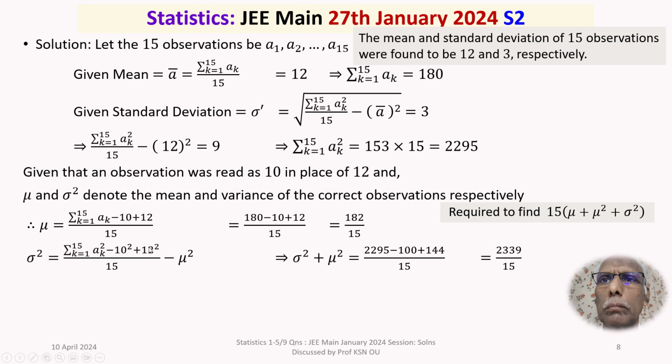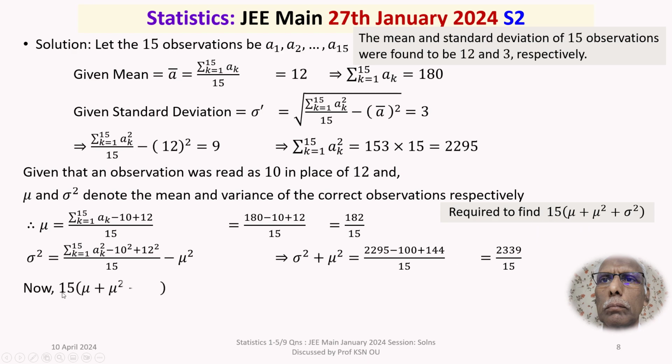So minus 10 square plus 12 square, by 15, minus mu square, that is the mean of the correct observations. So sigma square plus mu square is equal to the sum of ak square, 2295 minus 10 square, 100, plus 12 square, that is 144, by 15. Simplifying, we will get 2339 by 15. So this is the value required.